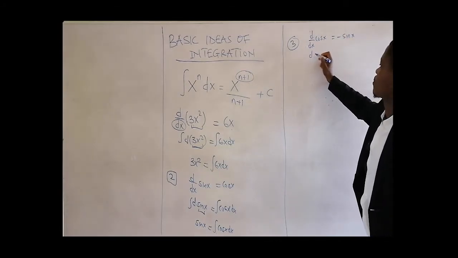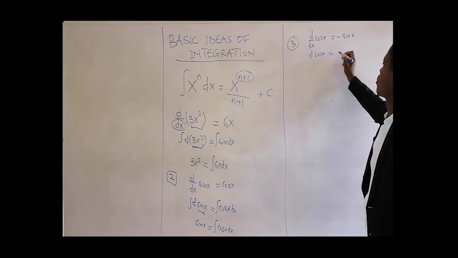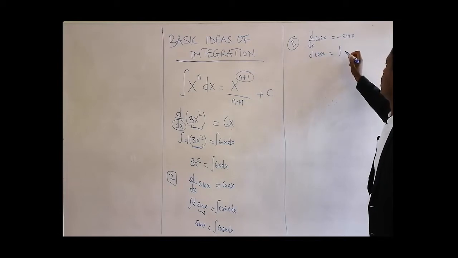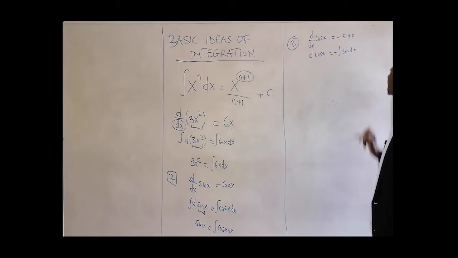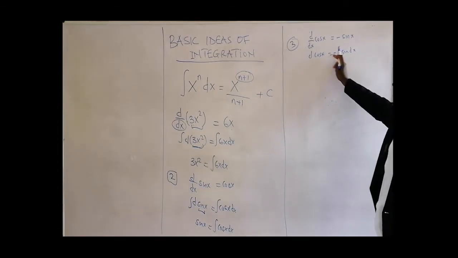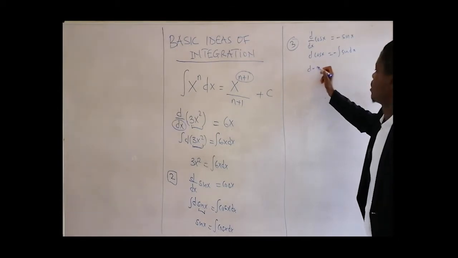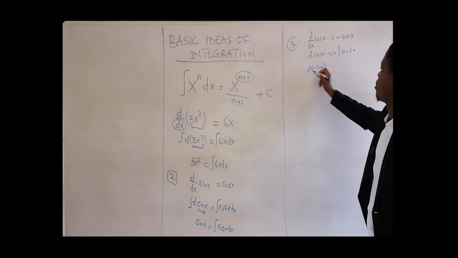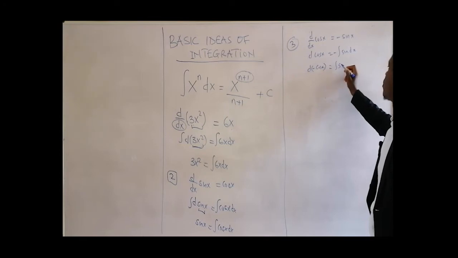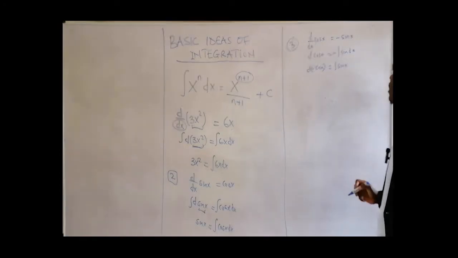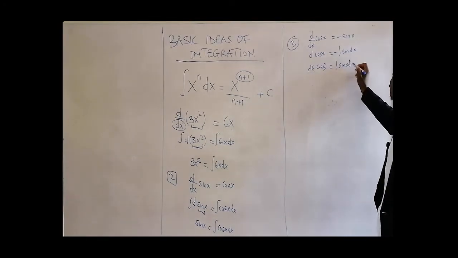So we have d cos x equal to minus sine x dx. Can you also move this minus to that side by multiplying both sides by minus? So you have d of minus cos x equal to the integral of sine x dx.